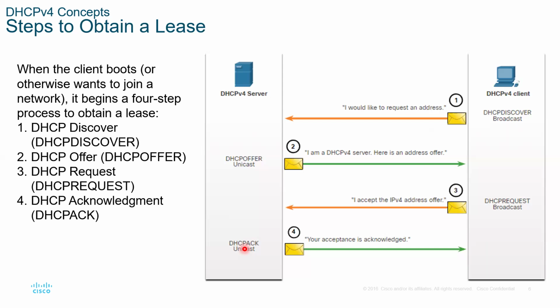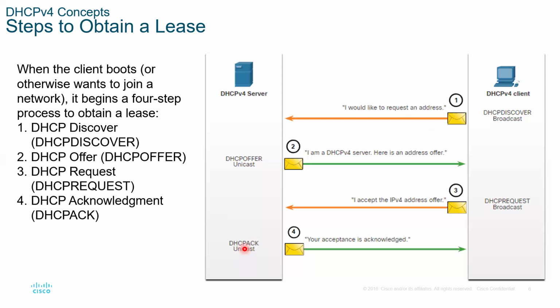Then from there, we have the offer message, which is unicast and comes from the server. It is a response to the discover message, offering an IPv4 address. So the offer, very important, is a unicast message sent by the server to the client offering the address.